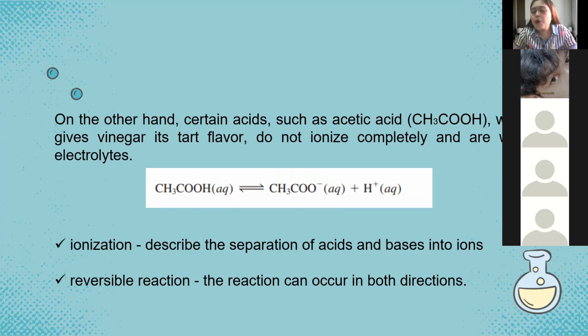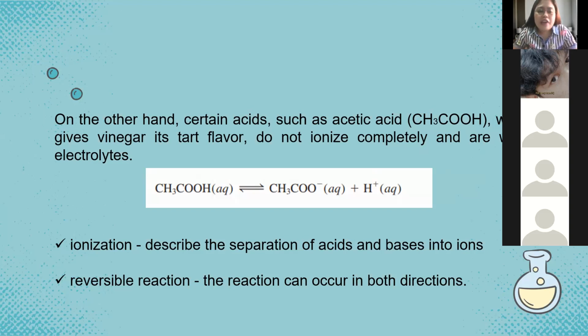Okay? So, please be reminded, pag sinabing ionization, we are referring to the separation of acids and bases or even our ionic compounds into ions. Kapag nag-separate na ang ating compound into substances with charges, we call it ionization.